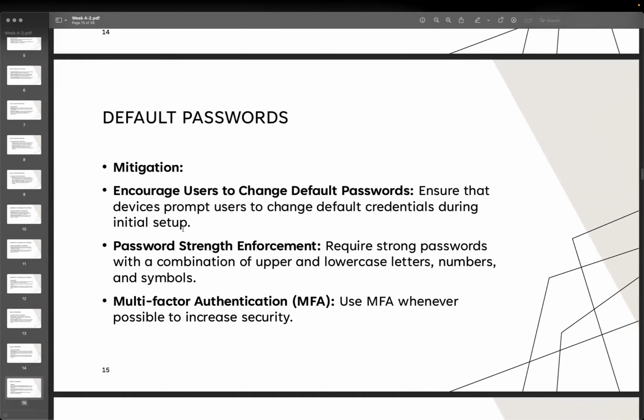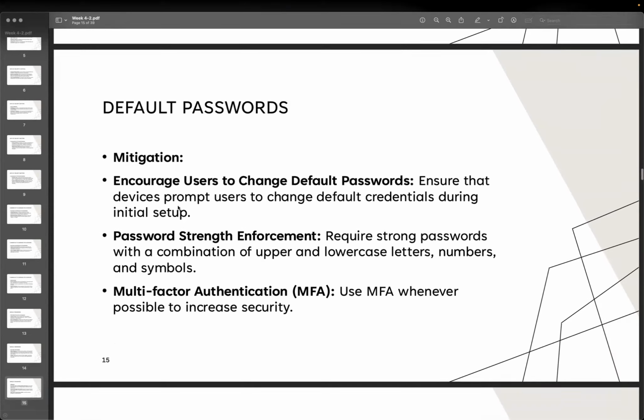And then the mitigation: how can we work on the default password? Always encourage users to change the default password, and try to ensure users change the default credentials during initial setup.